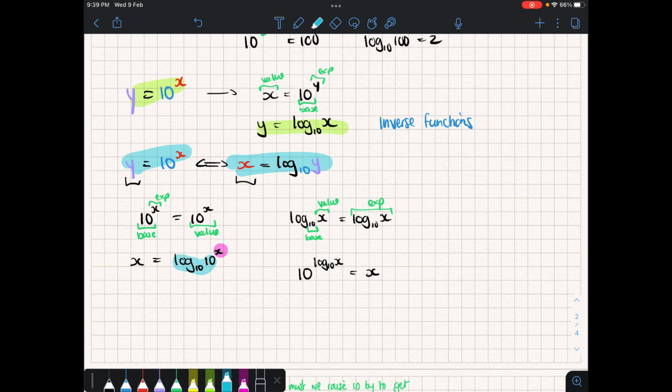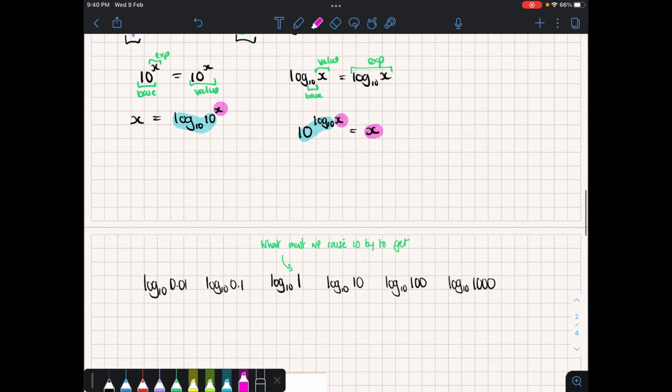If you have a base raised to a log with the same base, it's equal to the value of that log. And we'll use these when we are simplifying log identities later on.